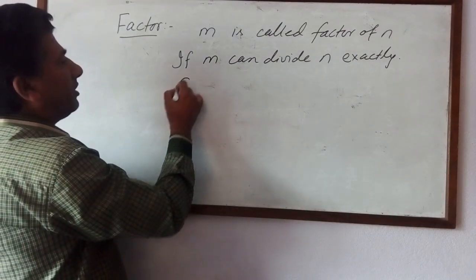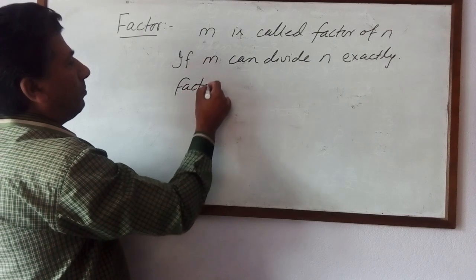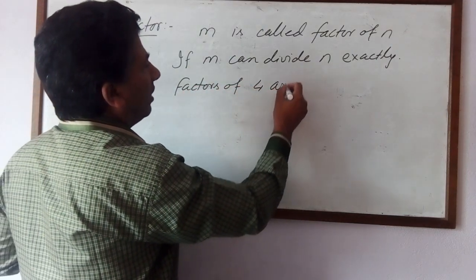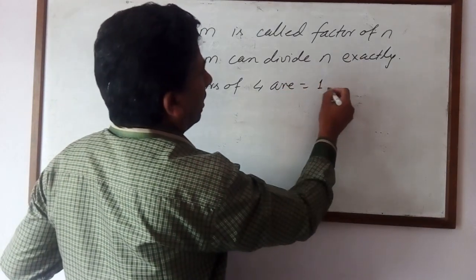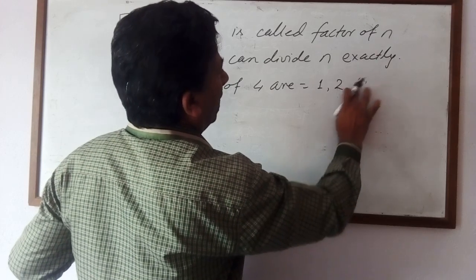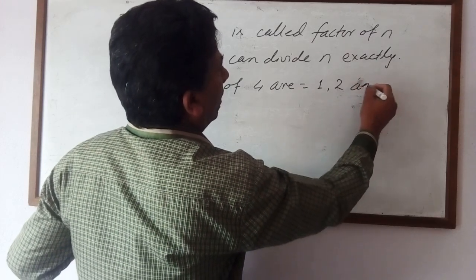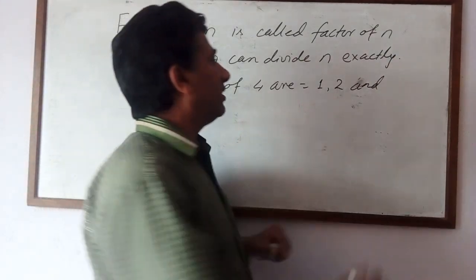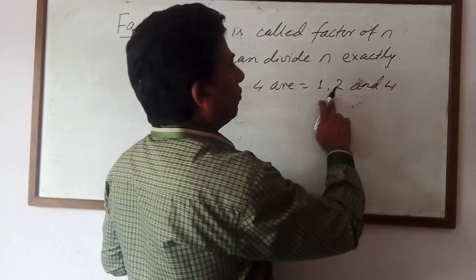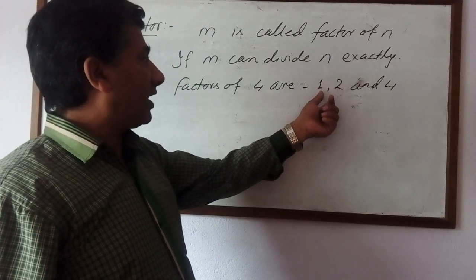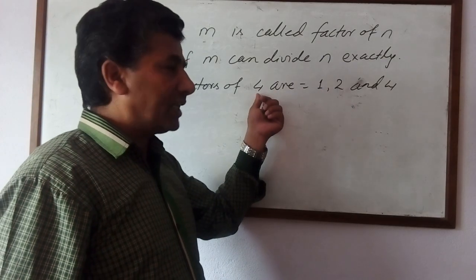Now, factors of 4 are 1, 2 and 4. This number 4 has 3 factors. This 1 is a factor because 1 can divide 4 exactly.